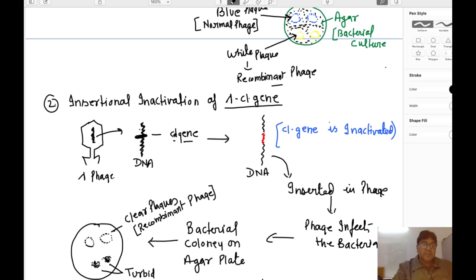Then the second method we have seen was insertional inactivation of the lambda cI gene. The cI gene is a special gene present on the DNA of this lambda, and it is present on the map around 38 map distance. Now if we cut this cI gene by restriction endonuclease and we add our gene of interest in it, and then this DNA is inserted into the phage, the phage infects the bacterial cell, and the bacterial cell forms a colony.